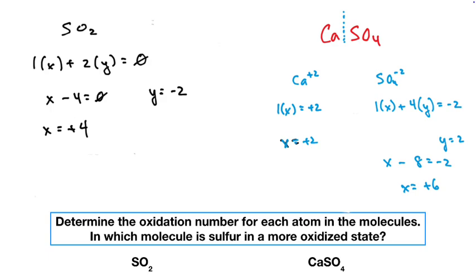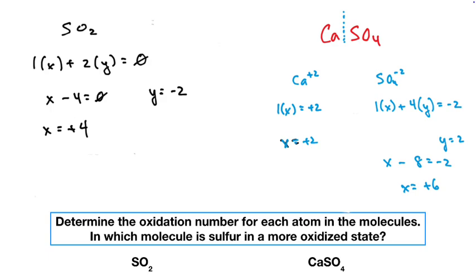Everybody track? Right. Which molecule is the sulfur more oxidized? I'm not going to lie, I have to think about that one a little bit. What was oxidized? Okay, lost electrons. So if it was more oxidized, what does that mean?